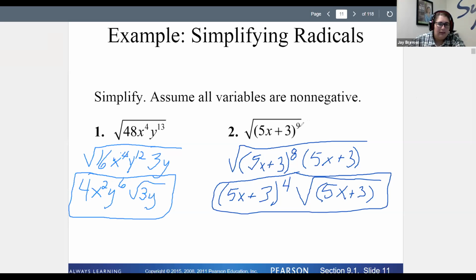The reason why we can't just... Now I'm confused. Now you're super confused. Okay. So why couldn't it just be 5x plus 3 to the 3rd power?